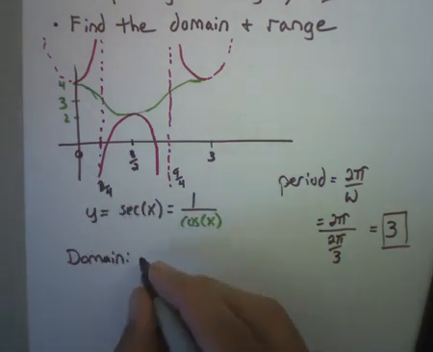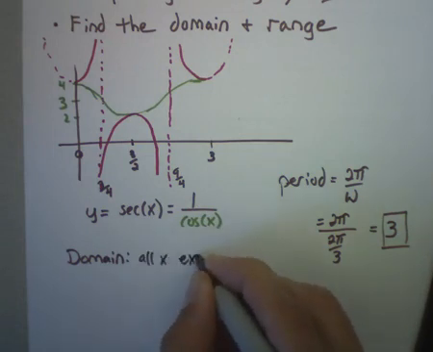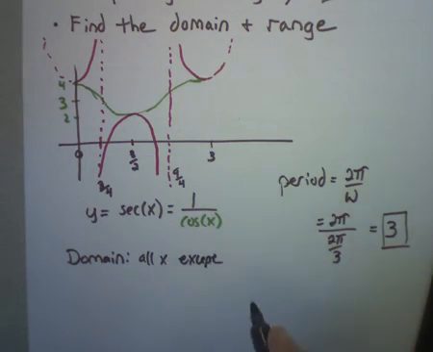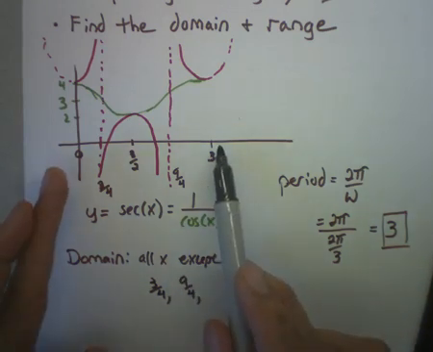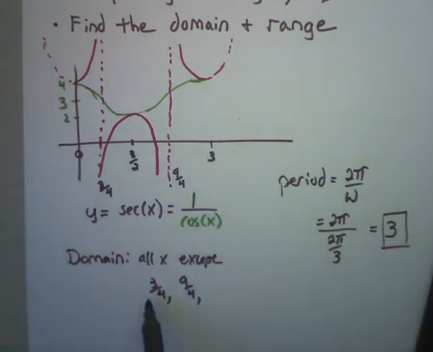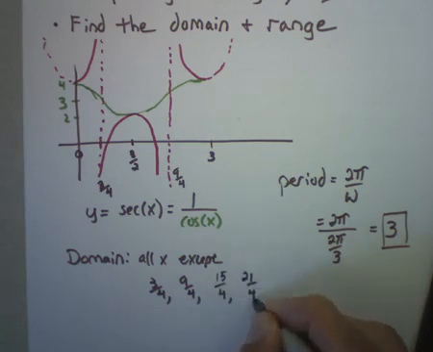So the domain is all x except 3/4 and 9/4. And sometimes they just ask for the domain in one period. But if you need to keep going, the pattern's the same. So notice it's 3/4 plus 6/4 would get you to 9/4. Plus 6/4, the next asymptote would be at 15/4. Plus 6/4, the next asymptote would be at 21/4. And so on.